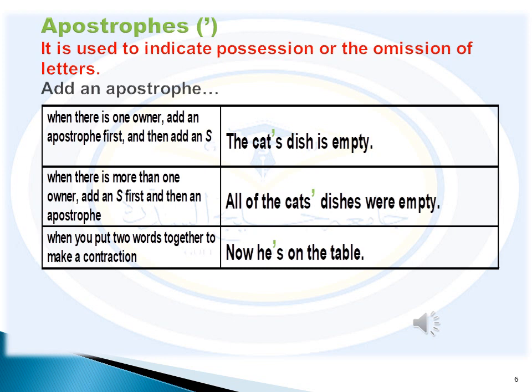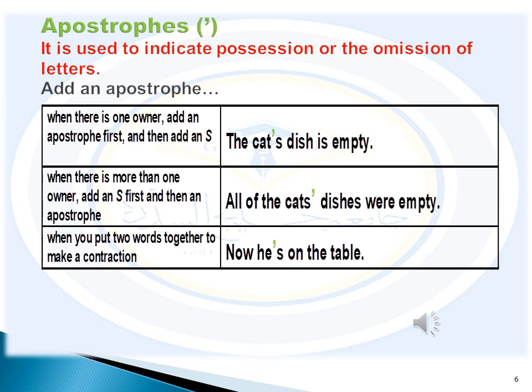So in this case, we use the apostrophe after S to show the reader that the noun here is plural, not singular. And we use the apostrophe before S to show the reader that this cat is only one. It's singular, not plural.